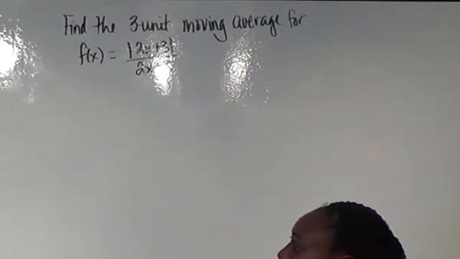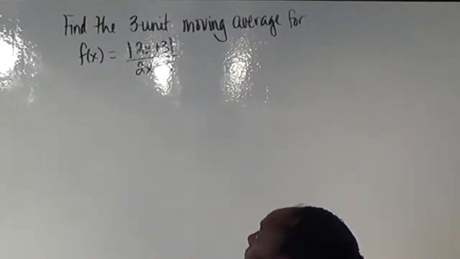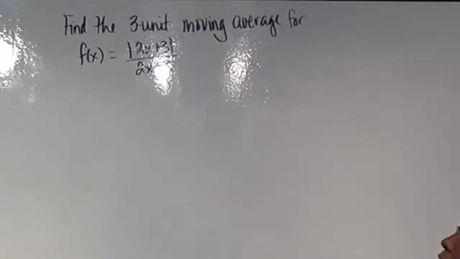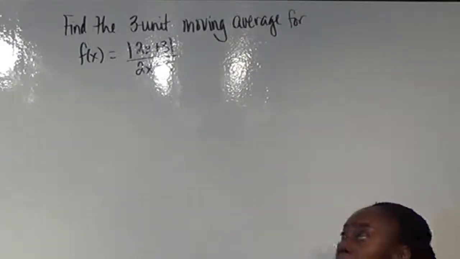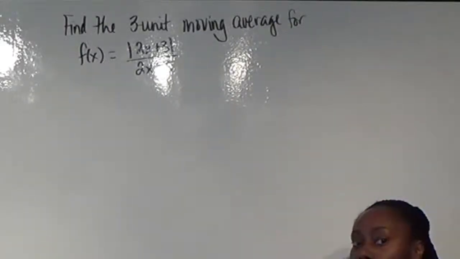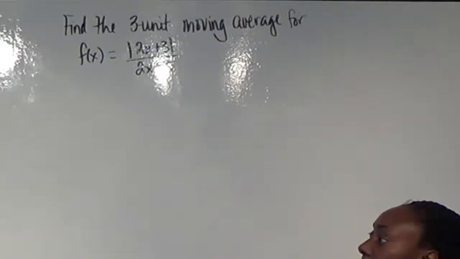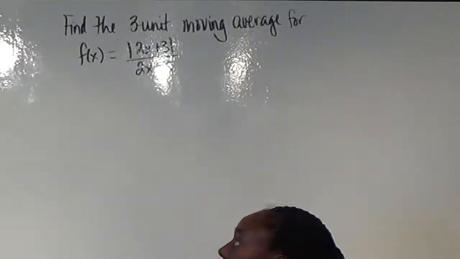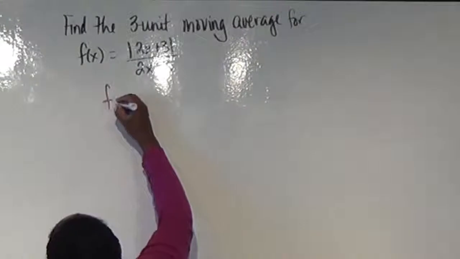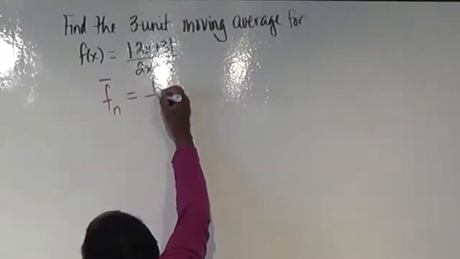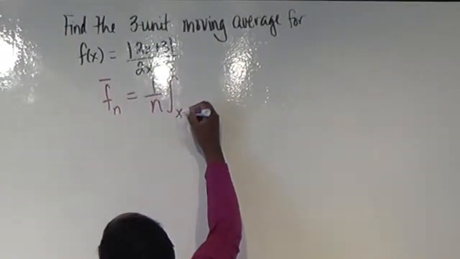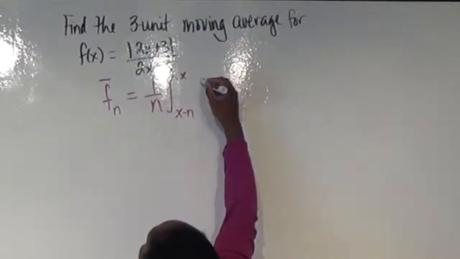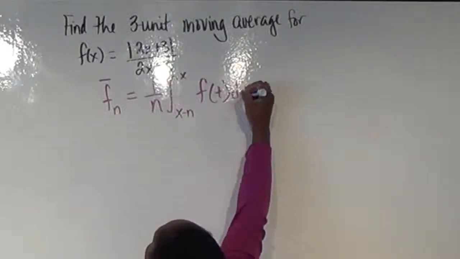Alright, so let's look at another example. In this case, we want to look at the 3-unit moving average for the function absolute value of 2x plus 3 over 2x plus 3. Now, again, the idea is exactly the same. I'm going to use my n-unit moving average, which is 1 over n, the integral from x minus n to x of my function in terms of t dt.